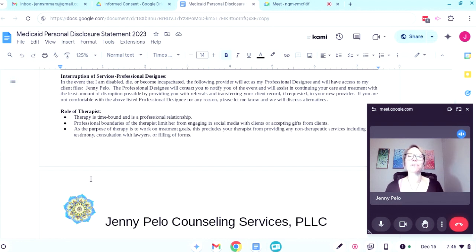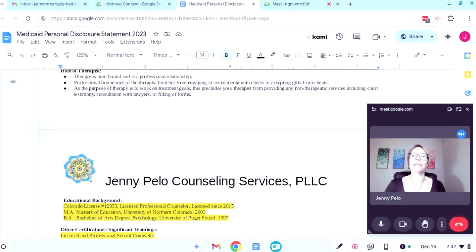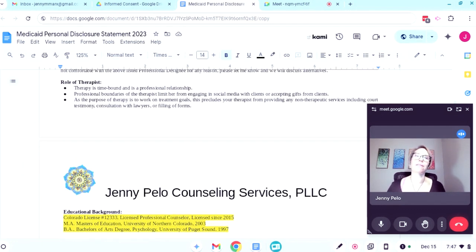And of course, that person, that designee, is another licensed professional who is under the same kind of guidelines as me. And so therefore, it's okay for me to be sharing that information with them in this emergency type situation. So I let them know about that.